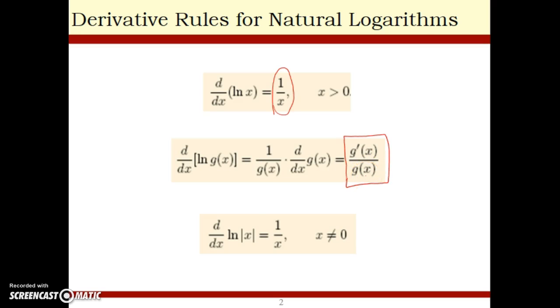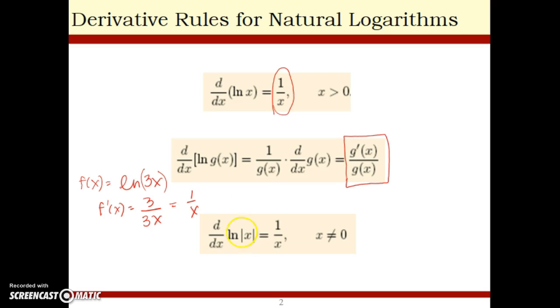So, for example, if you're asked to find the derivative of f of x equals natural log of 3x, you're going to say the derivative of 3x is 3, so you get 3 over 3x, which simplifies to 1 over x. But it's always the derivative of what's inside the natural log divided by what's inside the natural log.